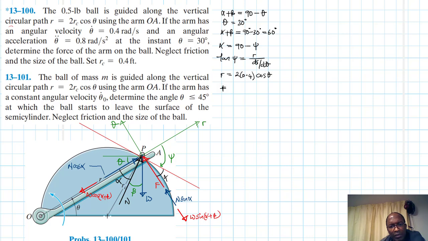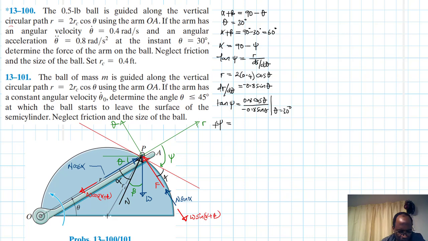Therefore, dr/dtheta is going to be equal to 0.8, that's minus sine theta. Then tan psi is equal to 0.8 cos theta divided by minus 0.8 sine theta, evaluating this at theta equal to 30 degrees.